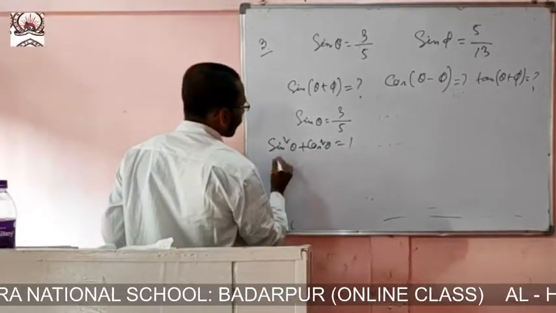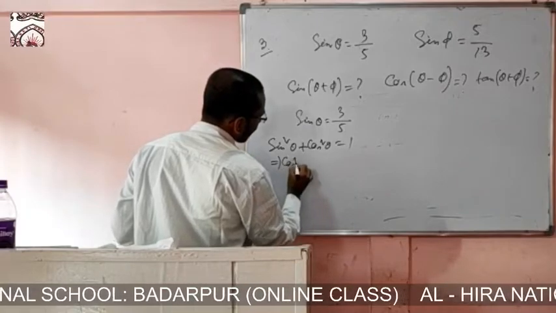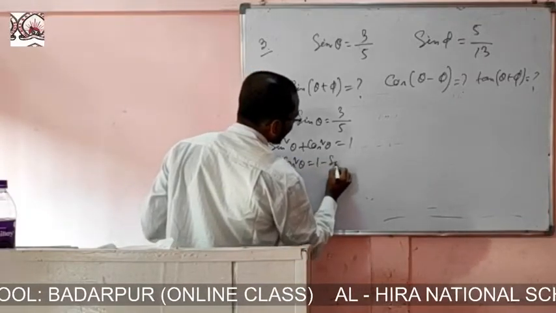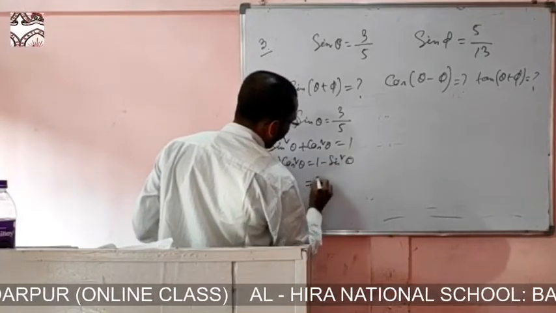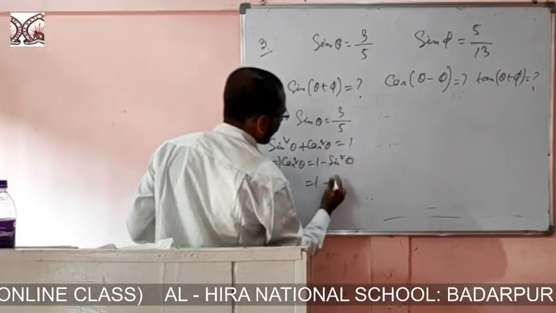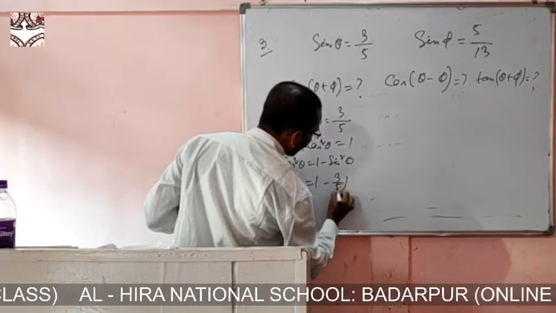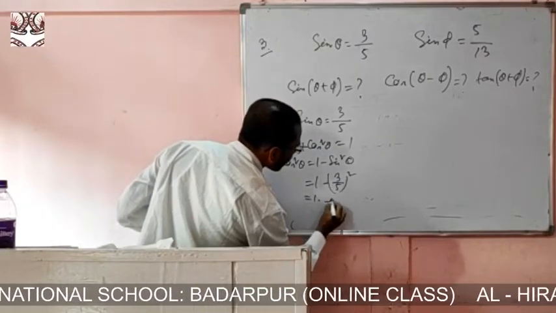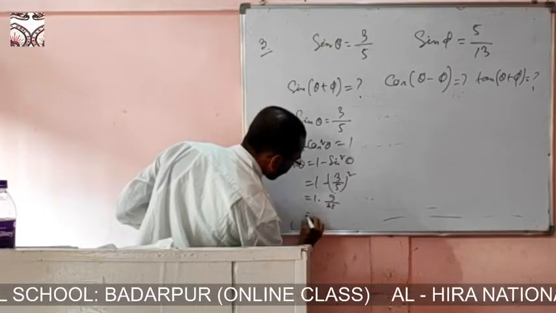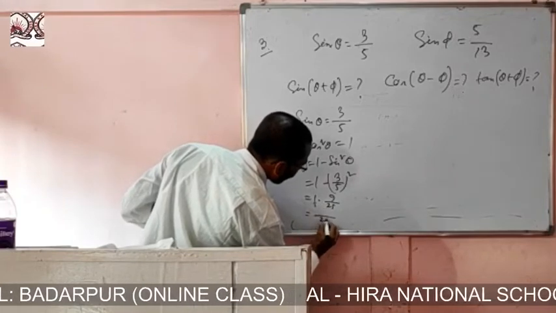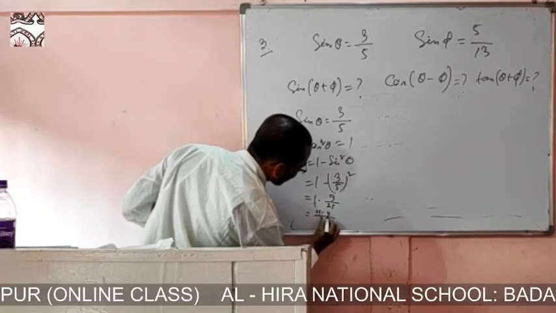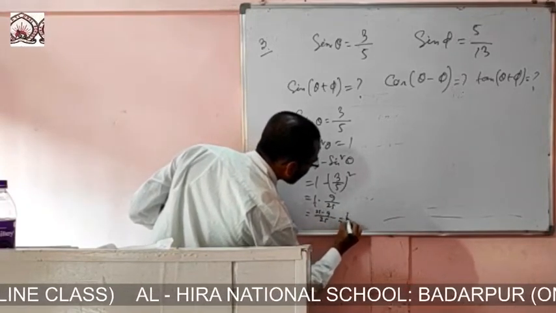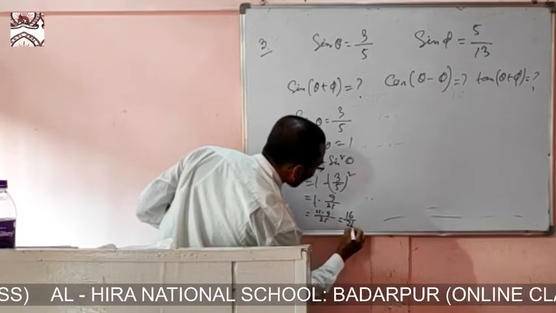From this, cos square theta will be 1 minus sin square theta, 1 minus 3 by 5 square. Clear? Then this will be 1 minus 9 by 25. So taking LCM, it is 25 minus 9, so it is 16 by 25.